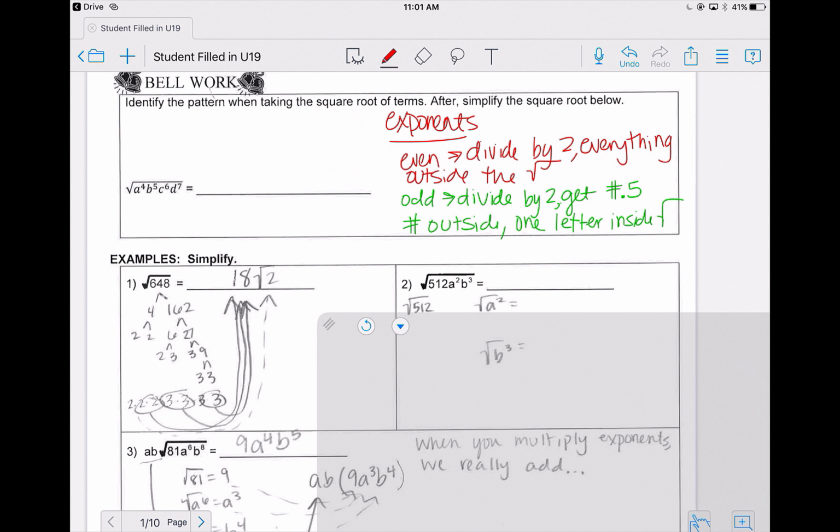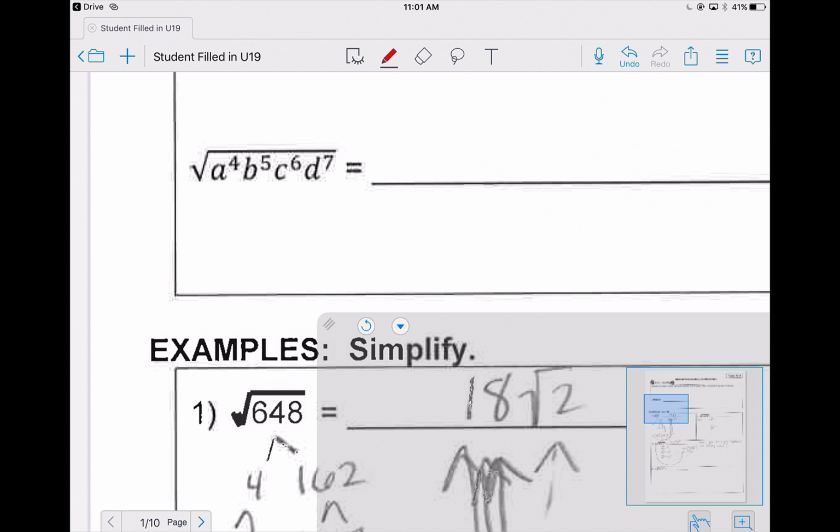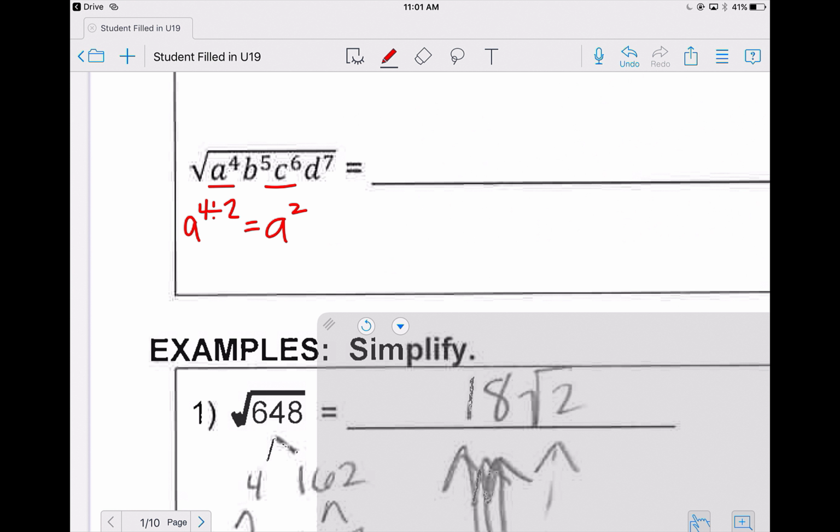So when I look at this example, my even exponents are a to the 4 and c to the 6, so we'll do those first. 4 divided by 2 is 2, and that will go completely outside of the square root because it's even, so there's nothing left under the square root.